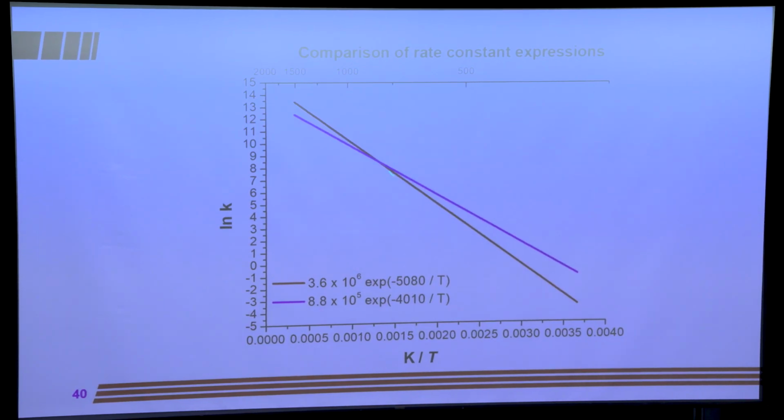So the slope here is steeper in the red case compared to the blue case. Why? Because the activation energy is higher, okay? So what it's saying is, look, in the red rate constant, the frequency factor is higher, but the activation energy is also higher.